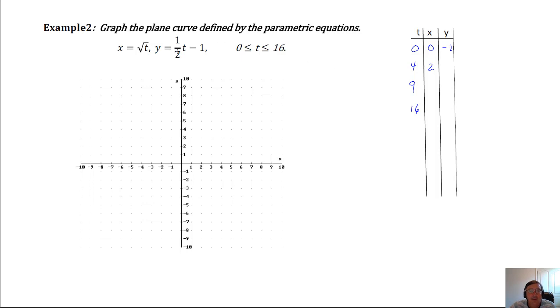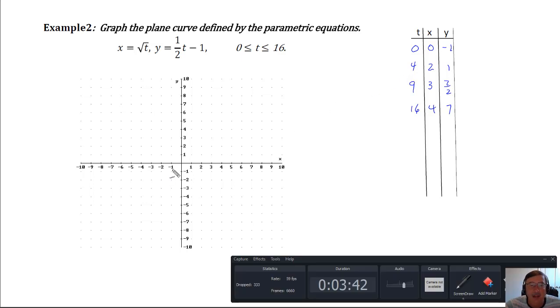When I put 4 in here, half of 4 is 2, minus 1 is 1. 9 would get you 3 square root wise, and then 9 halves minus 1 would be 7 halves, or 3.5 for you fraction people out there. 16, the square root of 16 is 4, and then half of 16 is 8, minus 1 is 7. So there are the rectangular ordered pairs that go with those t values.